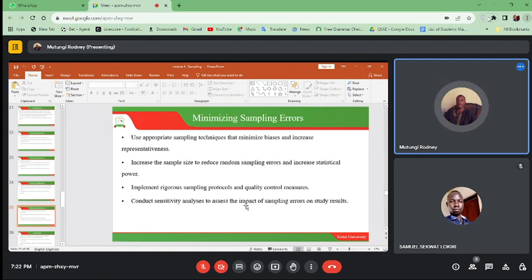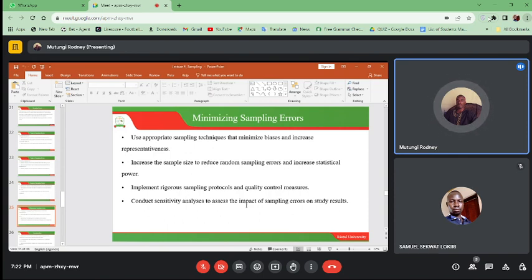So for us to minimize them, like we have seen, it is not ideal to have them. So we need to minimize them. And how do we do that? We use appropriate sampling techniques, those that bring in all the representatives of the population. Instead of simple random, you can now go for stratified. Increase your sample size so as to make sure that you have more statistical power, more representation from all the subgroups in the population.